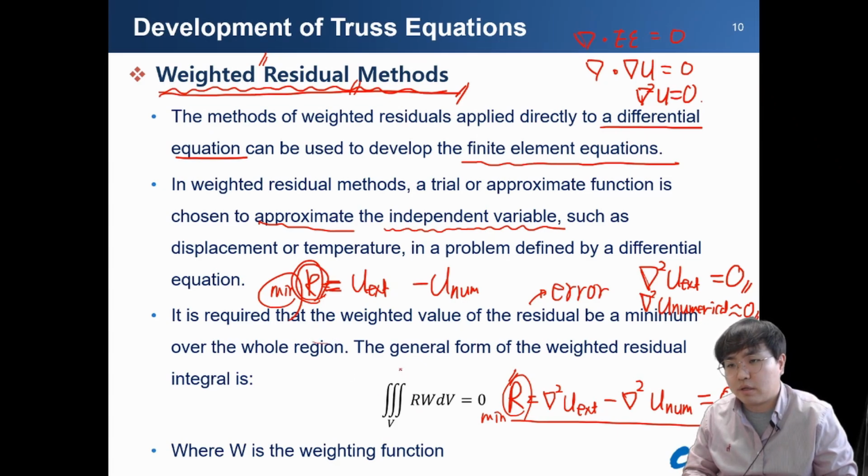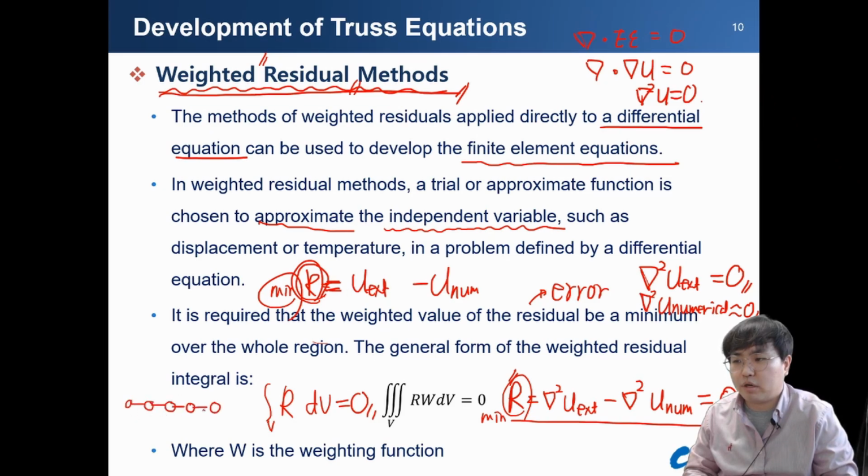In the Galerkin residual, this residual error has some domain value in your volume integration. Let's think about some numerical displacement value versus the exact value. It looks like this.